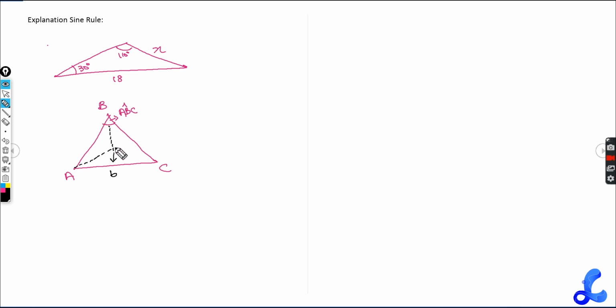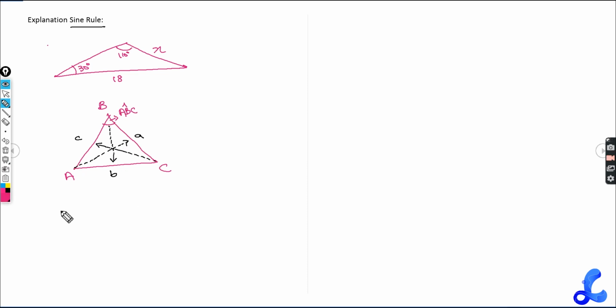The side right in front of angle A would be small a. And the side right in front of angle C would be small c. I cannot emphasize enough how important this concept is. You have to be on top of this. You have to know that the side which is in front of an angle would be its lowercase letter. So you have c over here, a over here, b over here.